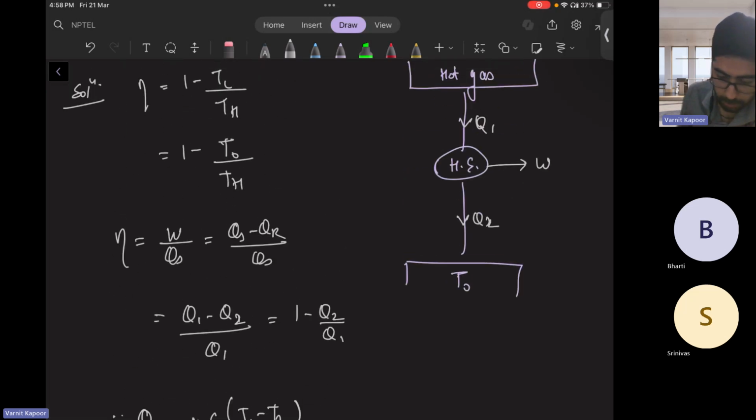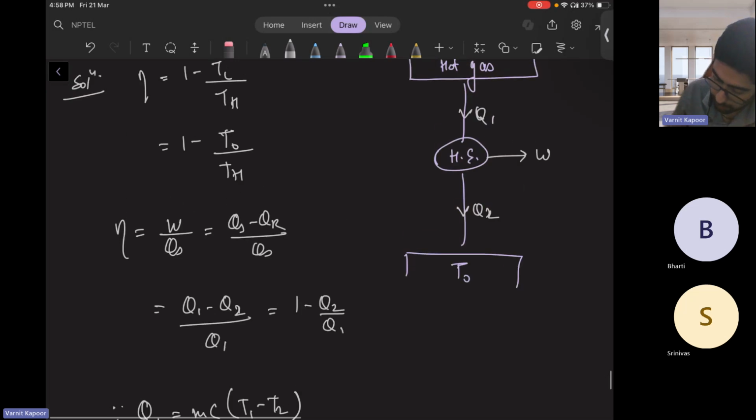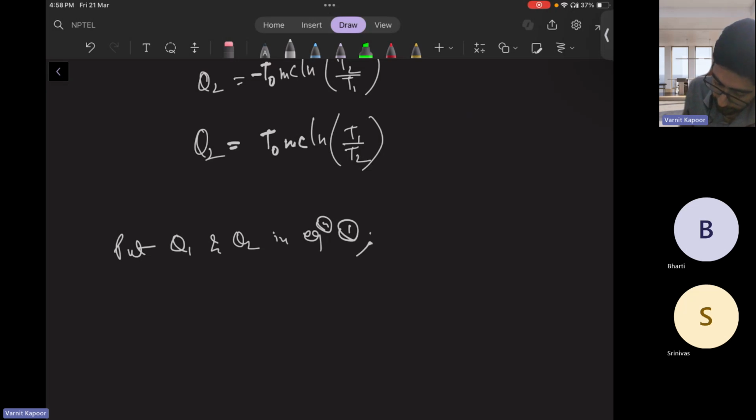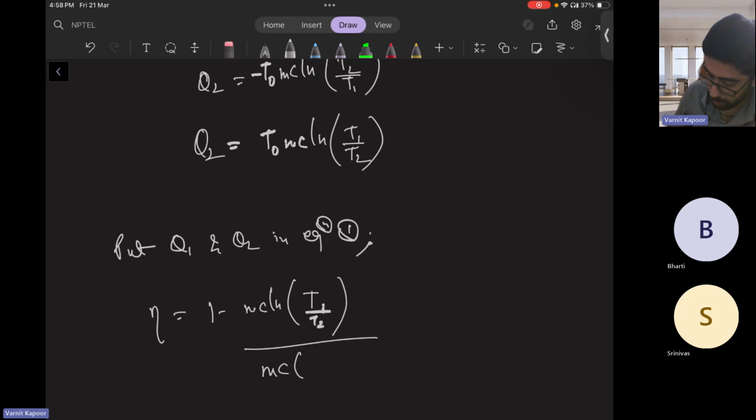So put Q1 and Q2 in this equation 1. So efficiency is 1 minus T naught mC ln(T1 by T2), that is Q2, and what is Q1? mC (T1 minus T2).